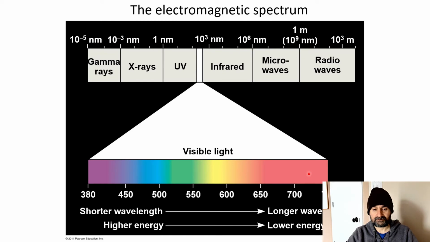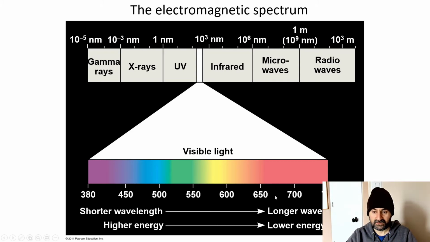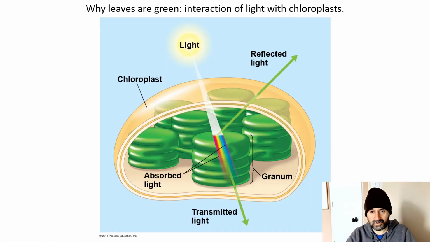I want you to know that shorter wavelength light, like purple light and blue light, has higher energy. So shorter wavelength light has more energy. That means longer wavelength light, like red light or orange light or yellow light, has lower energy.